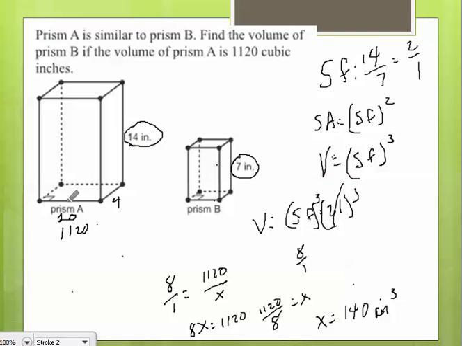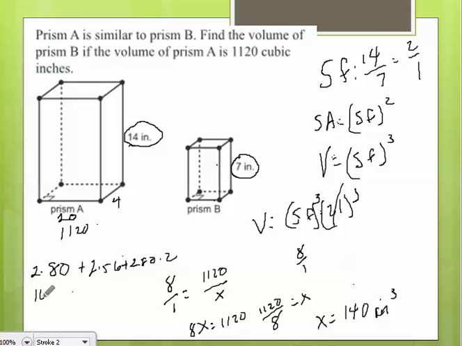So let's find the surface area of this one real quickly. That'd be 20 times 4, that's 80. There's going to be two of those, so I'll say 2 times 80 plus 4 times 14, that's 56. That's 2 times 56. And then 14 times 20, that's 280. I'll be multiplying that one times 2. So plus. So what have I got here?